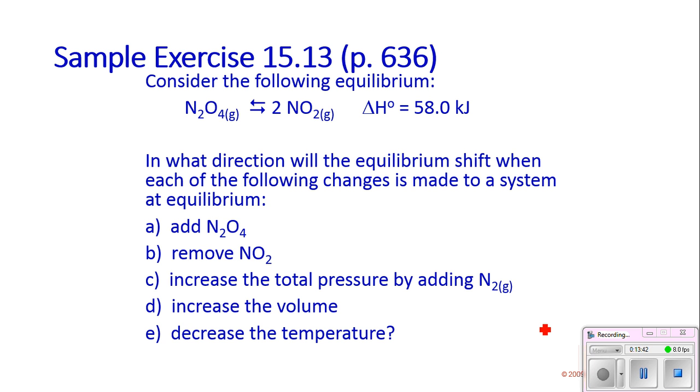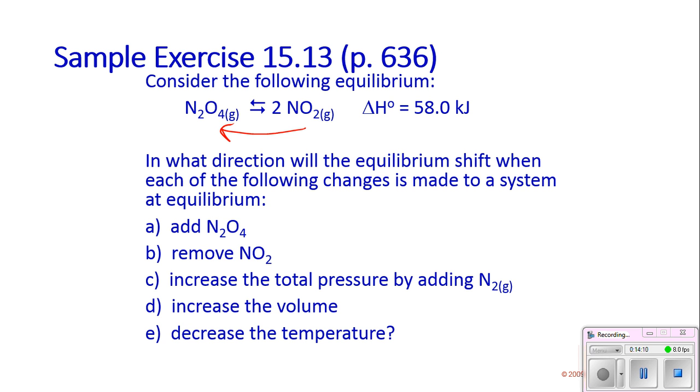Let's say we increase the pressure of N2O4 and NO2. Which way will the equilibrium shift if we increase the pressure by decreasing the volume of the container? Basically, we're going to be compressing the gases. So it's going to shift the equilibrium to the left because there are fewer moles of gas on your reactant side.